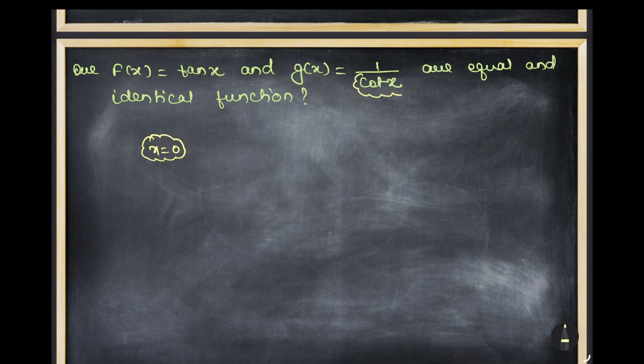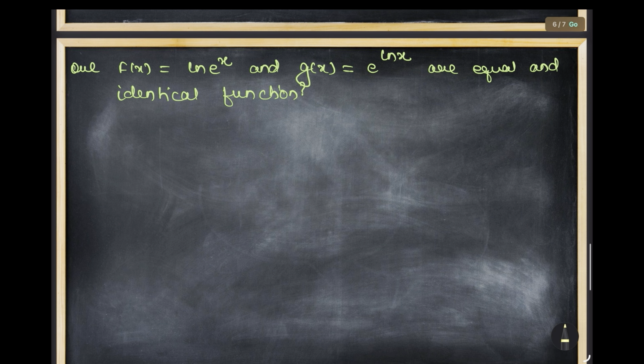It is not defined at x equals to 0. So this is x not equal to 0 and this is x equals to 0. So it is valid at x equals to 0, it is invalid at x equals to 0. Correct? Therefore the domain is different. So no, it is not an equal and identical function. Let's take one more example.